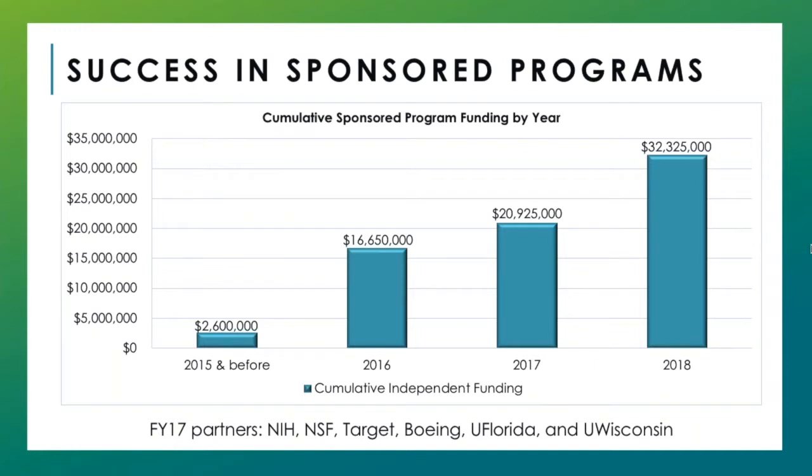And then finally, sponsored programs. It is the model that we pivoted to from a philanthropic fundraising model, which was not successful for us. Sponsored programs is the way that we talk about using the International Space Station to solve a big problem here on Earth.